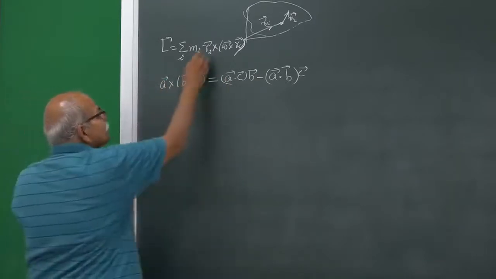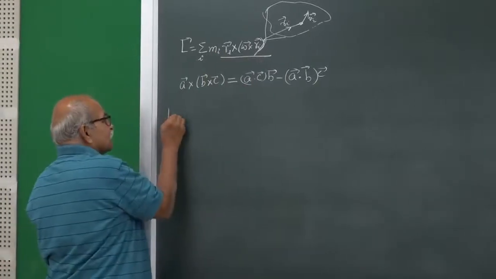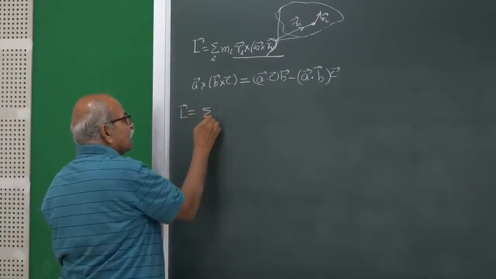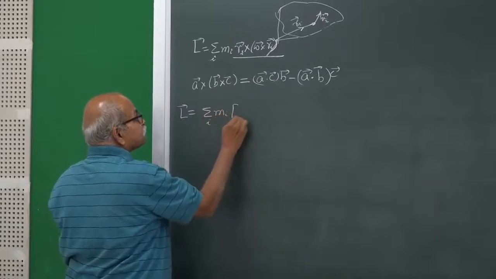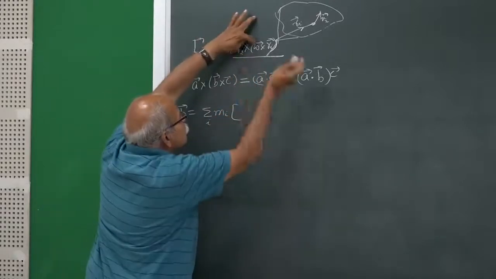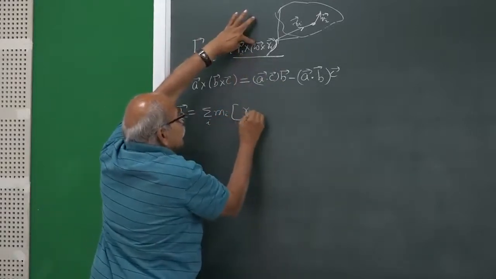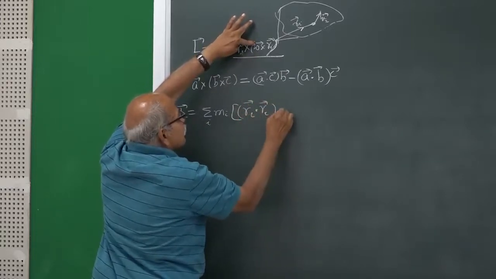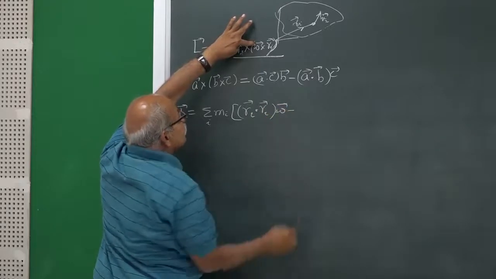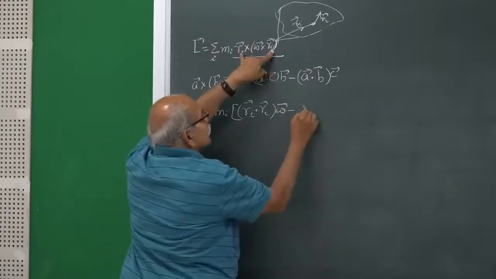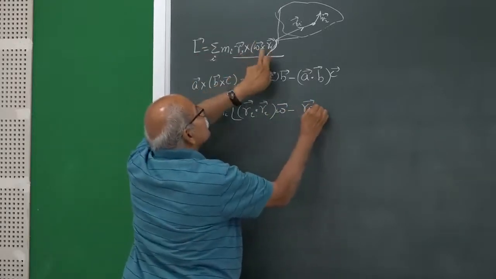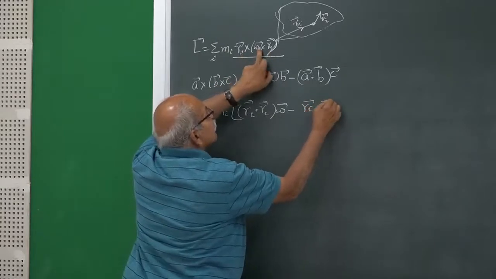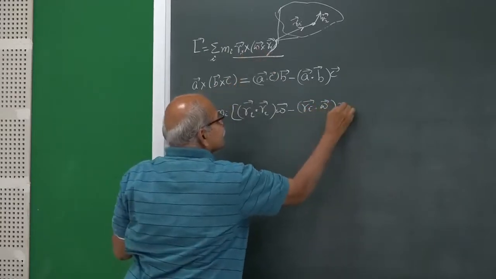We will be using this for this part. So, L is equal to summation over i of m_i, r_i dot r_i times omega, minus r_i dot omega times r_i.